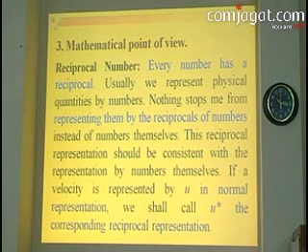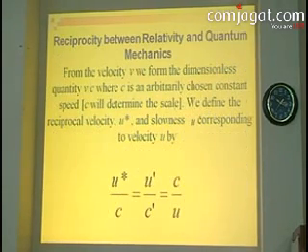If a velocity u is represented by a dimensionless quantity v by c, so it's v by c. We want to make dimensionless quantities so that we can further integrate with numbers. We do not want dimensions. For this, we choose a constant speed, in this case c.